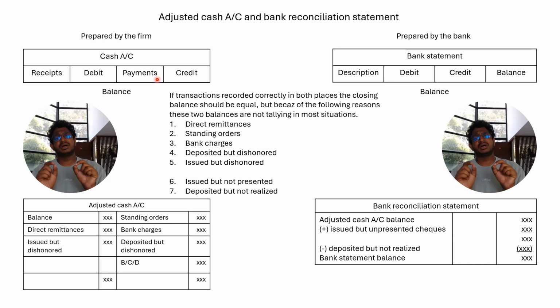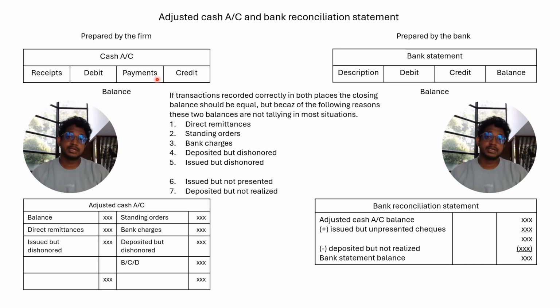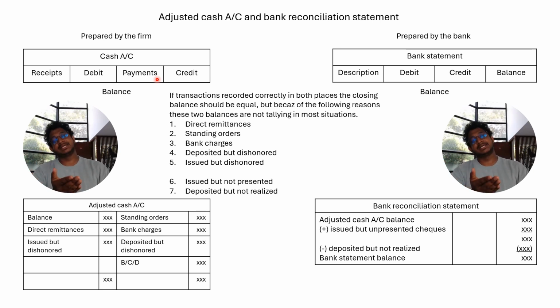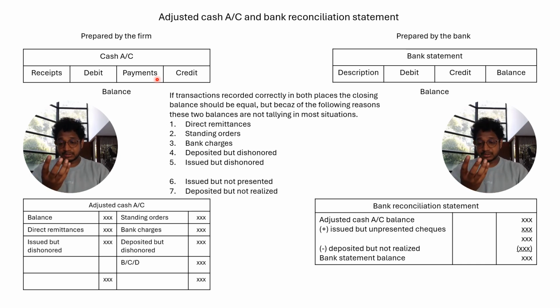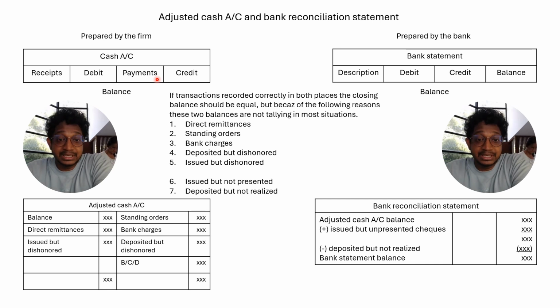But why can't we record it at the exact point the transaction happened? Because without a source document, we can't record. The debtor deposited money, but there is no source document to use in our books. But after receiving the bank statement, there is a source document, so you can use the bank statement as a source document and record that in your adjusted cash account.